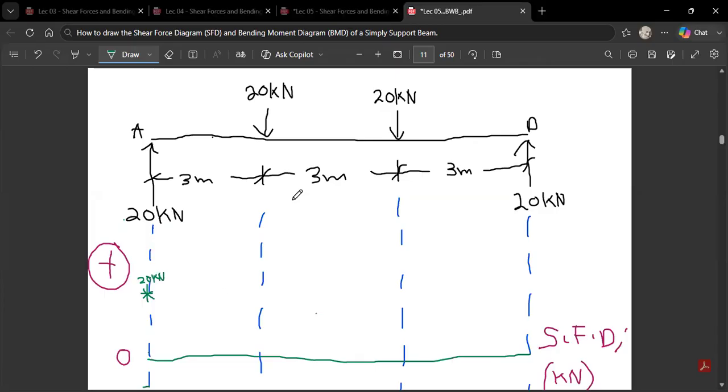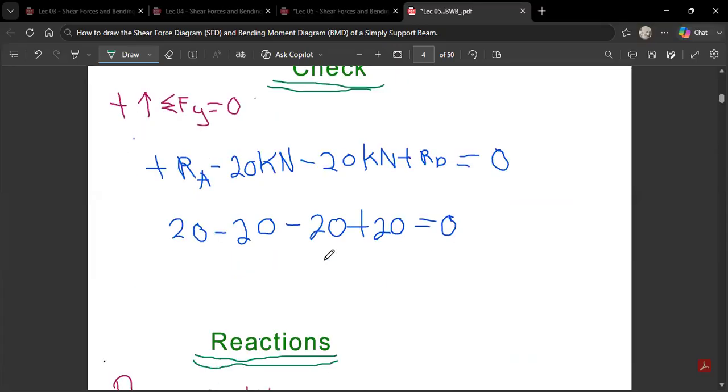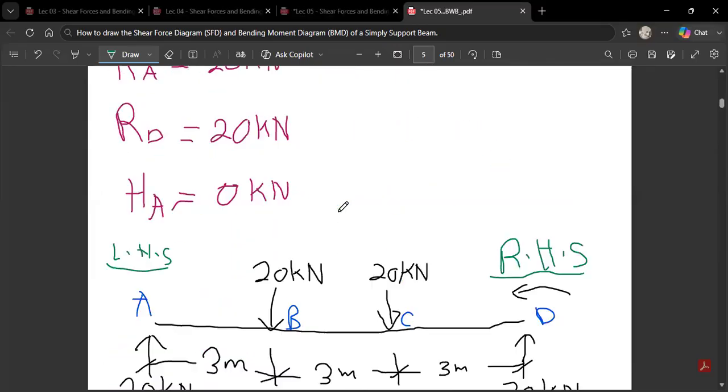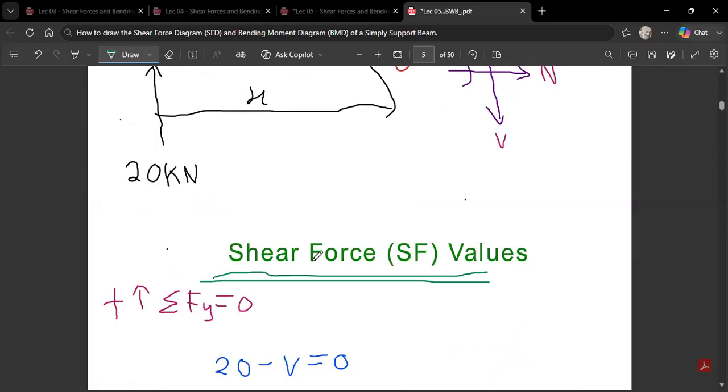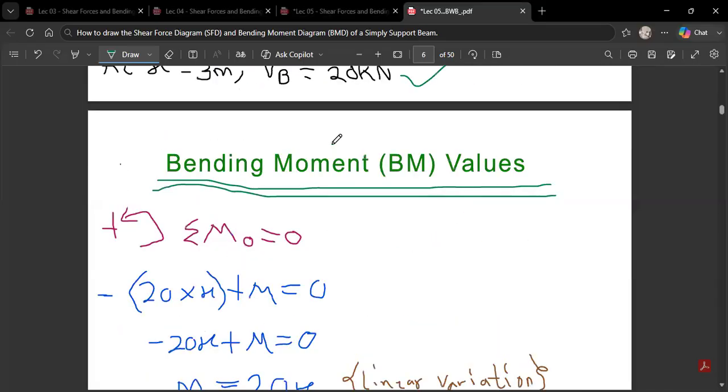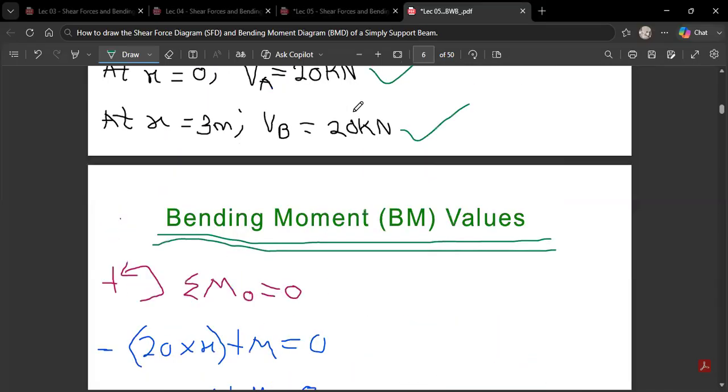Then at P2, you realize that the shear force value over there was 20. You see the shear force value at P. It was 20. This shear force value at P, that is over there. It is 20.